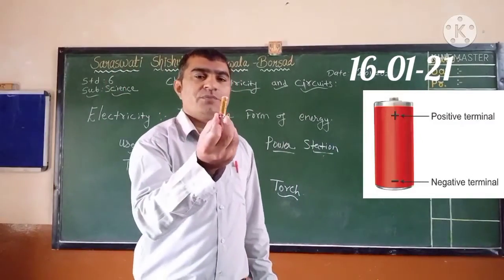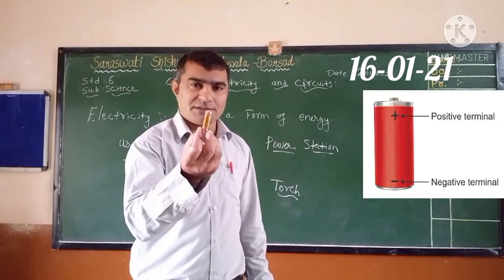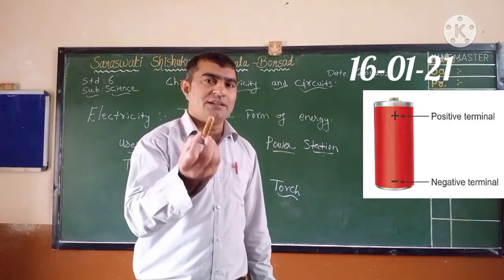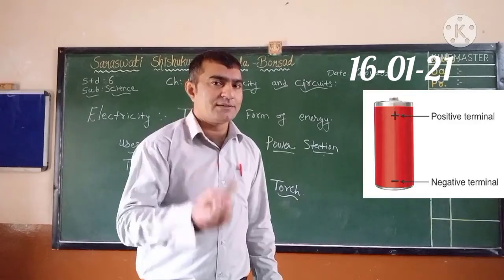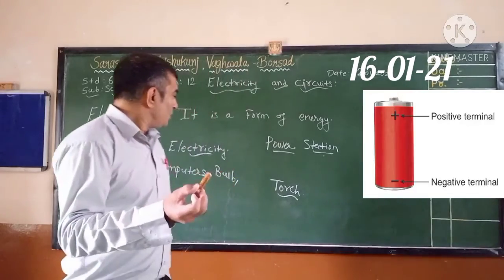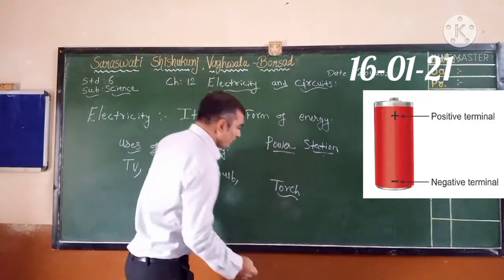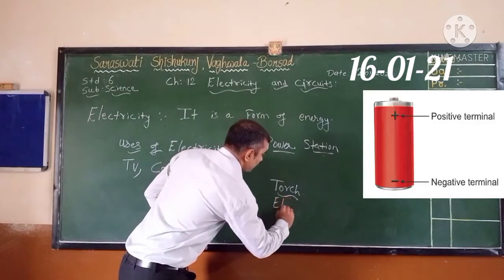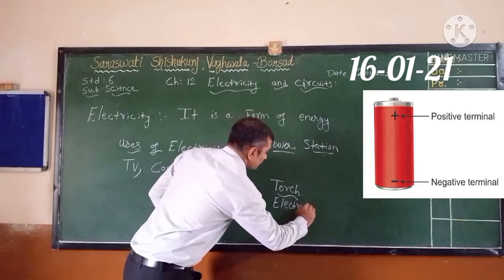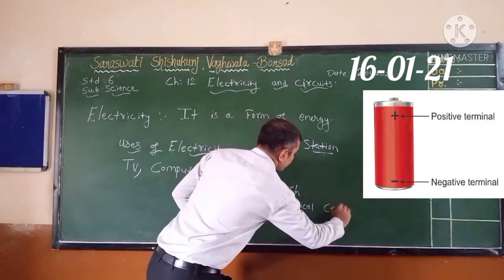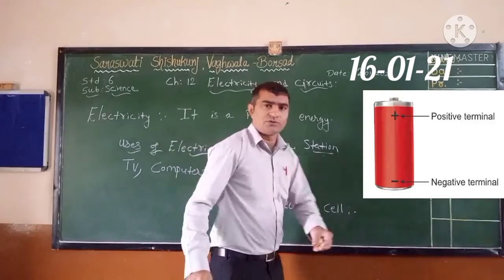And I hope you all have seen this kind of cells, because this kind of cells is used in many appliances. For example, first of all we will say electrical cell. Where is it used?